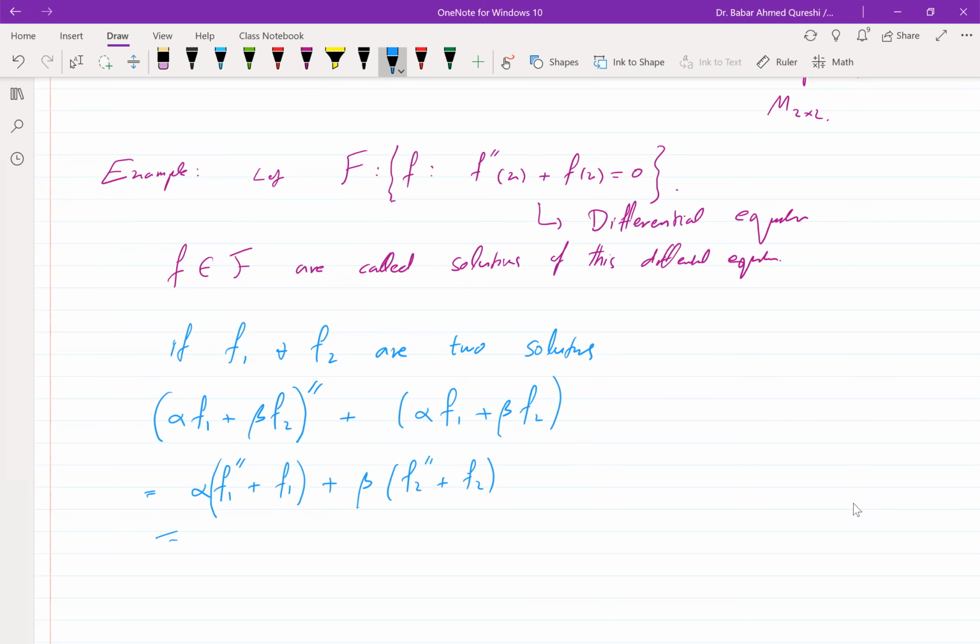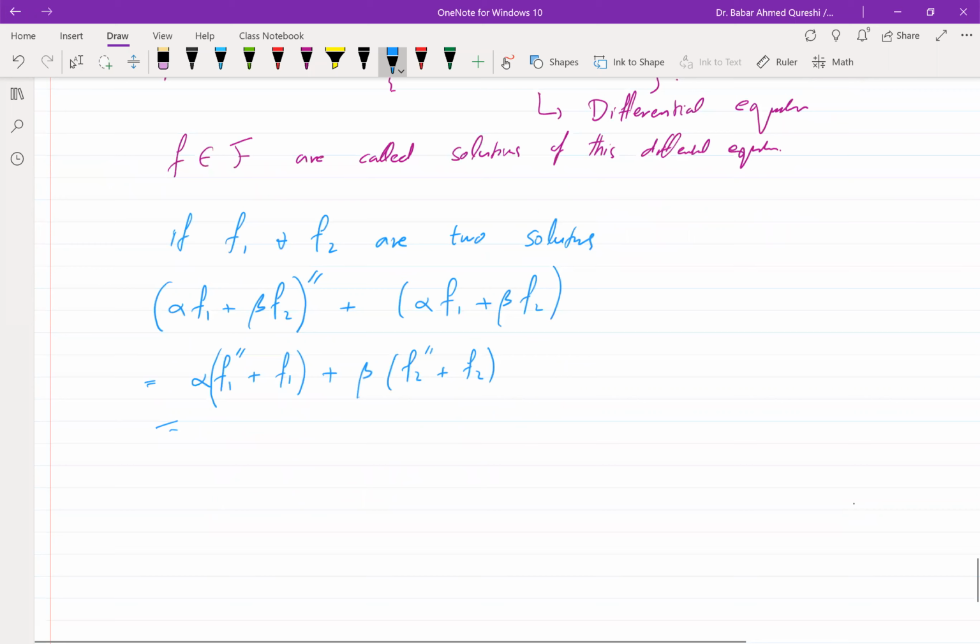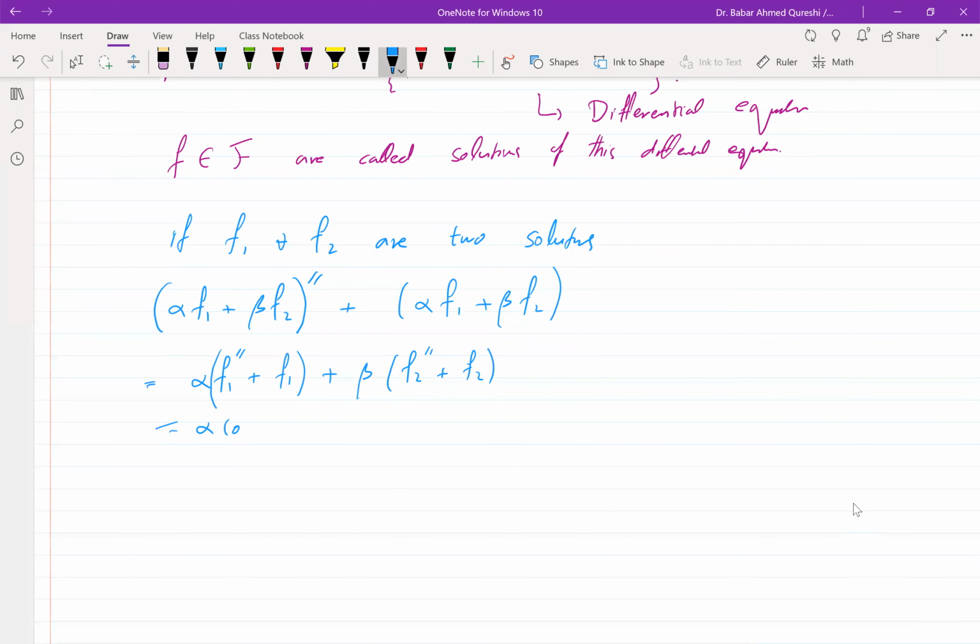Now f1 and f2 are solutions, so this gives me 0 back. So I have checked the main property, and the 0 function also obviously satisfies the equation. That belongs to that set. And since I have checked this, minus f also is there.